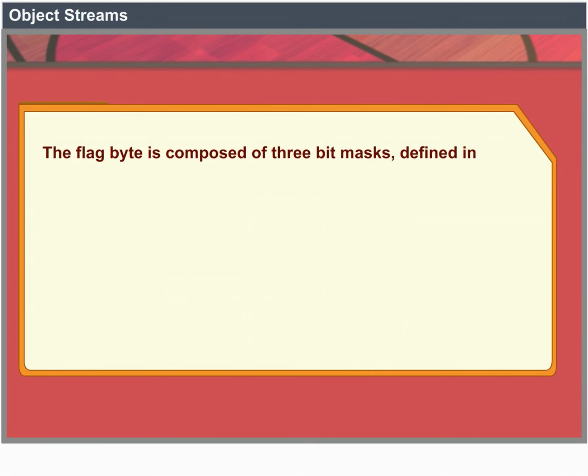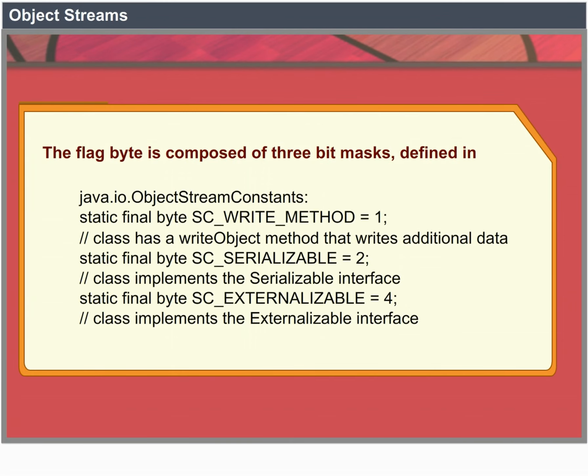The flag byte is composed of 3-bit masks defined in java.io.ObjectStreamConstants. Static final byte SC_WRITE_METHOD equal to 1: the class has a writeObject method that writes additional data. Static final byte SC_SERIALIZABLE equal to 2: the class implements the Serializable interface.